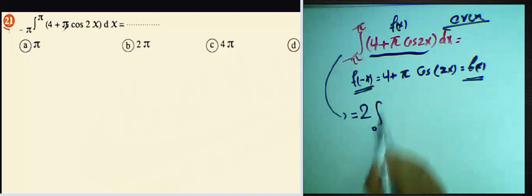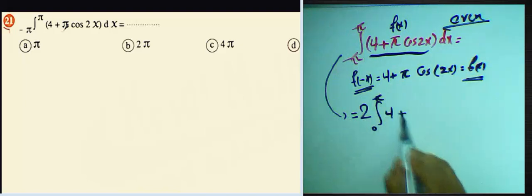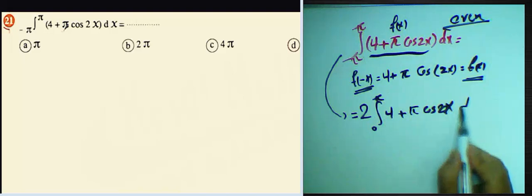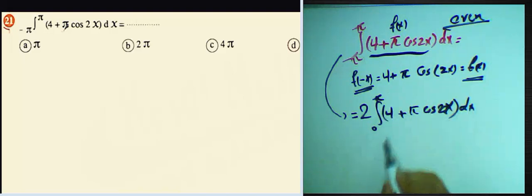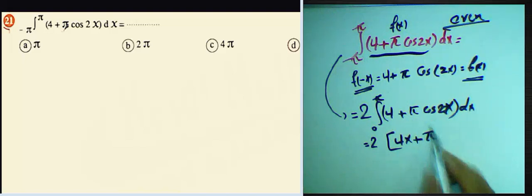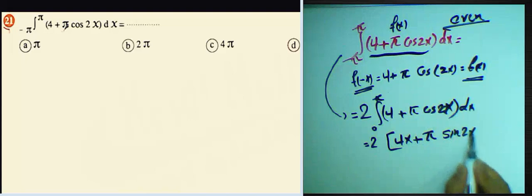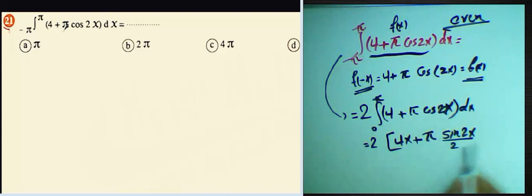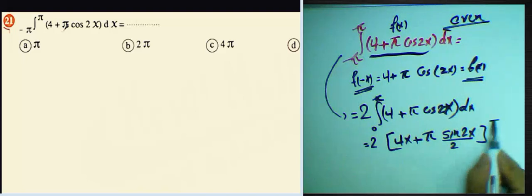This integral will equal twice the integral from 0 to pi of 4 plus pi cosine 2x dx. Integrating this function: 2 outside, 4x plus, the integral of cosine is sine of this function divided by the derivative of the angle, from 0 to pi.